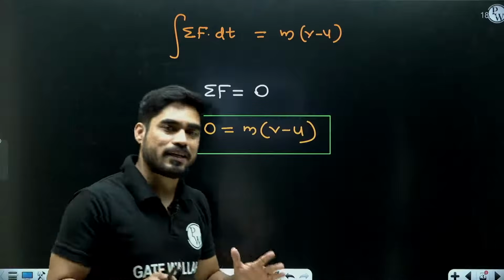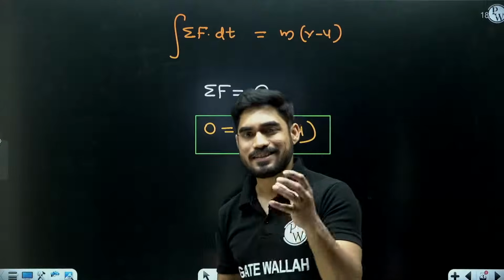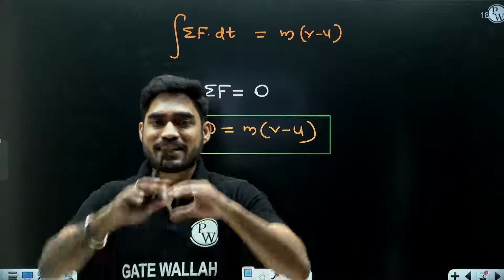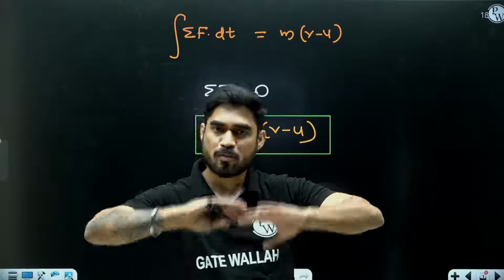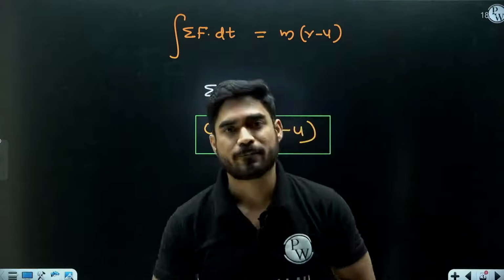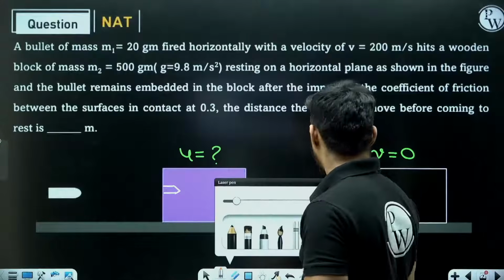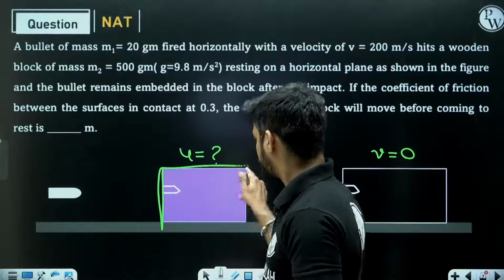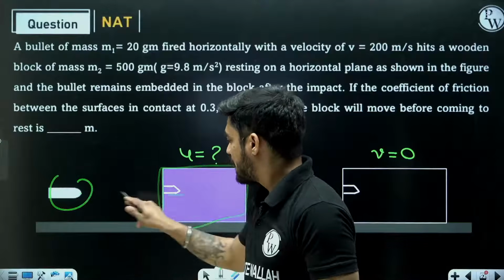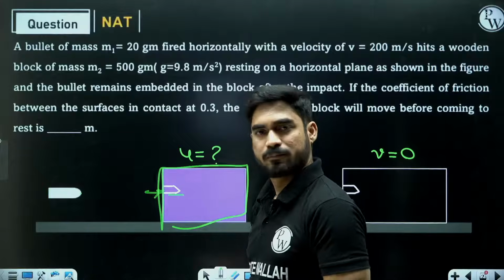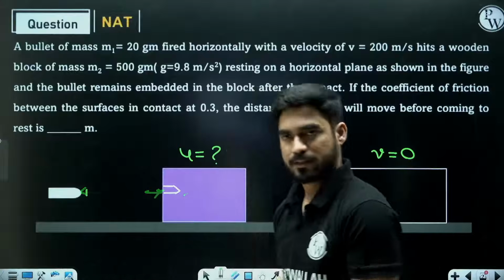Whenever the external force acting on a system of bodies is 0, then that system will have conservation of momentum, means the momentum of that system will remain constant. Understand what is happening. See, when this bullet hits the block, the bullet will apply some force on the block and the block will apply equal and opposite force on the bullet.